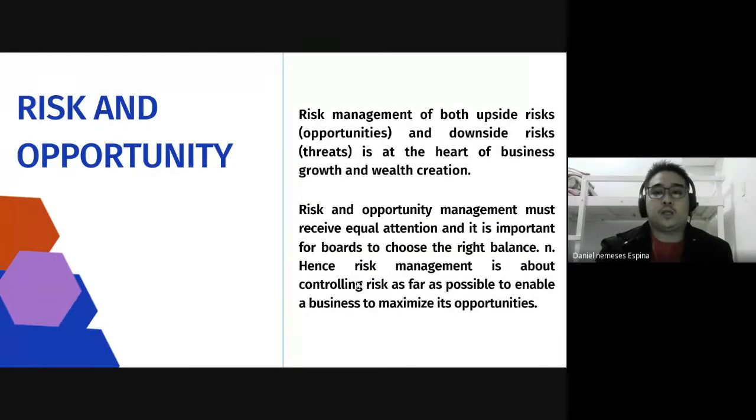Risk and opportunity. In risk management, as I mentioned a while ago, it is composed of upside risk, known as opportunities, and downside risk, known as threats, at the heart of business growth and wealth creation. Risk and opportunity management must receive equal attention, and it is important for the boards to choose the right balance.